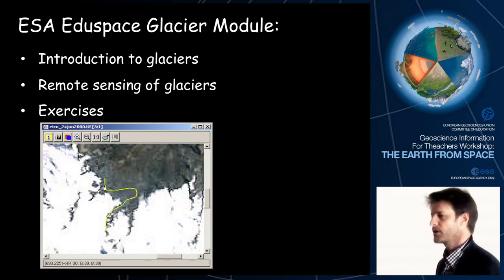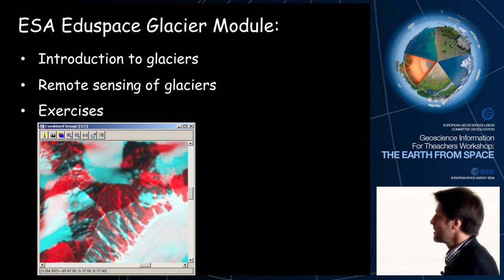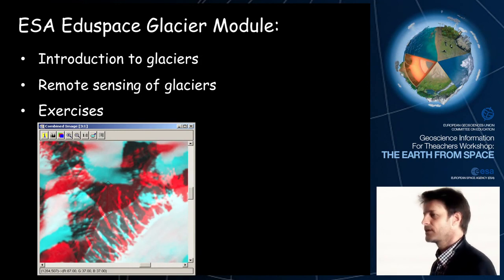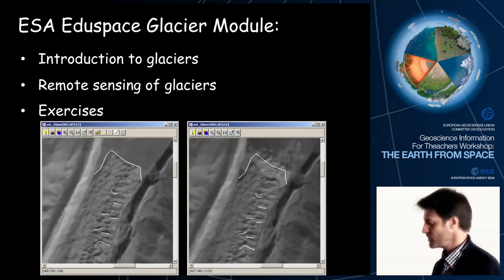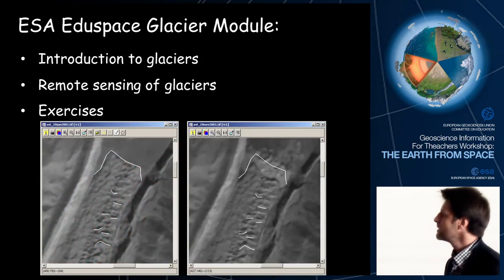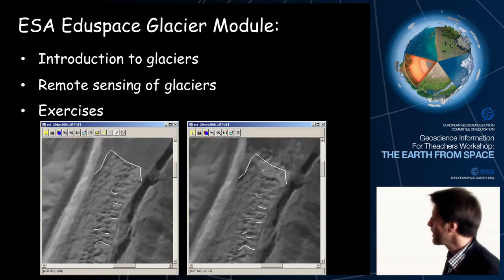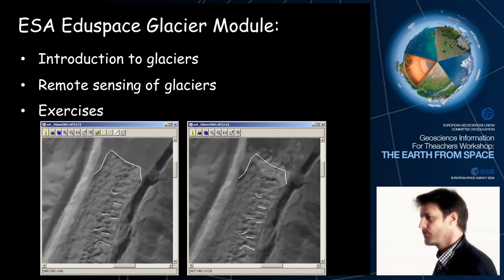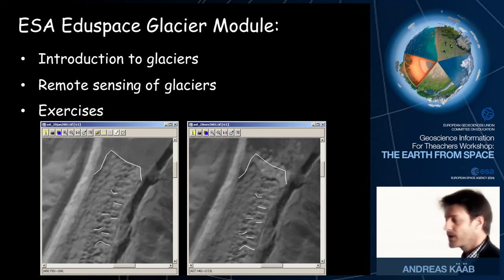One exercise goes for glacier change detection to see how glaciers change, to measure that from space. One exercise goes on satellite stereo to measure terrain elevations from a nadir and a back-looking image. And one exercise goes on flow speed measurement. So you see some crevasses which have been digitized. And you see the same digitized crevasses here, but the crevasses have moved. So by that way, you can measure the glacier speed.